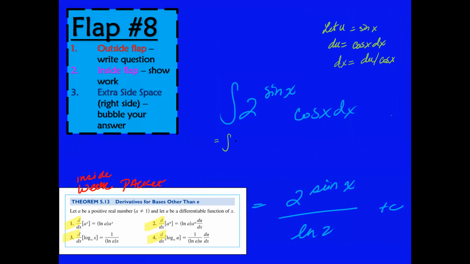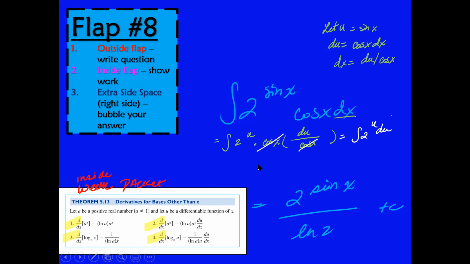So rewriting this, 2 to the u times cosine x, replace the dx with du over cosine x. And guess what? You are able to cancel this. So the integral of 2 to the u du.